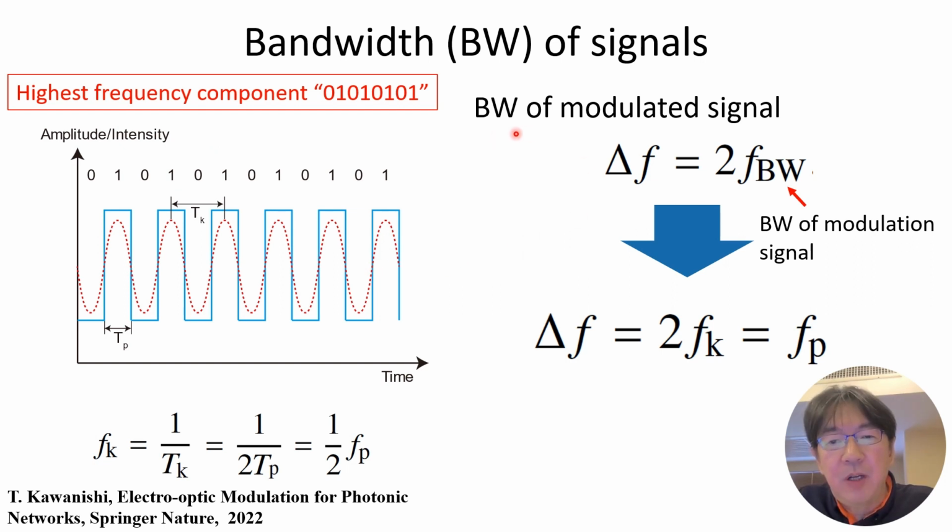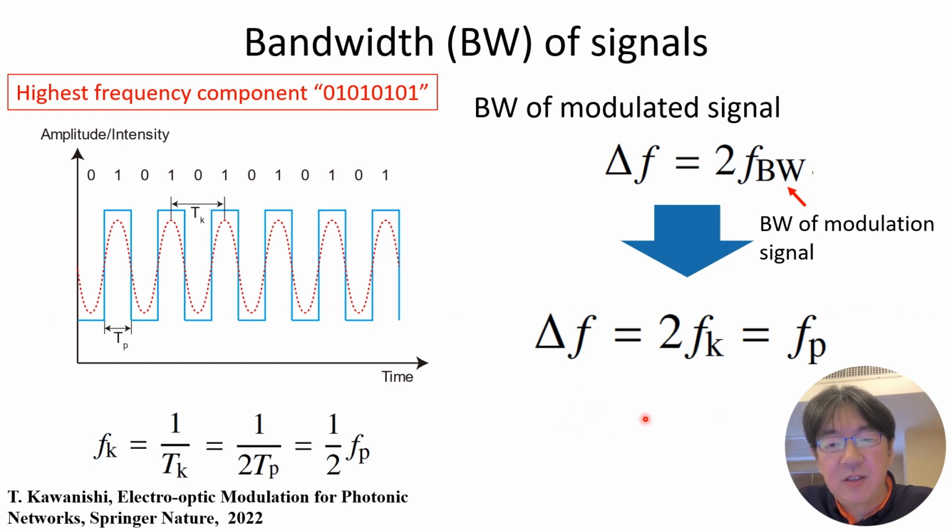And here, the bandwidth of the modulated signal would be described by this equation, because it has the upper sideband and the lower sideband. So there is a factor of 2. So finally, we can get this equation.